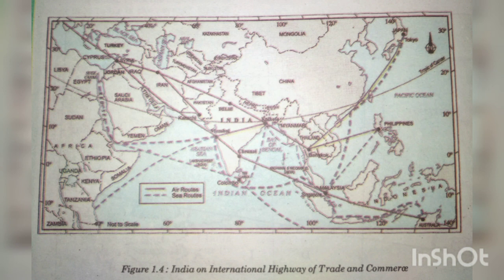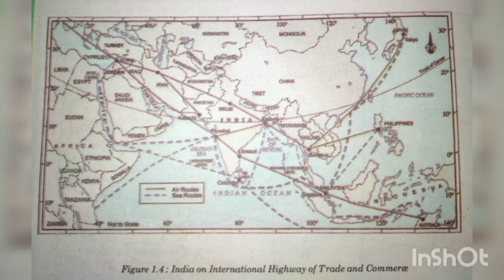India's ocean routes are very important to establish close contact with West Asia, Africa, and Europe from the western coast, and with Southeast and East Asia from the eastern coast. No other country in the world has a coastline like India. That is why the Indian Ocean is given its name after our country.